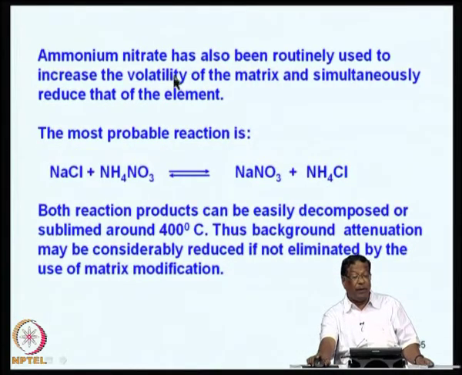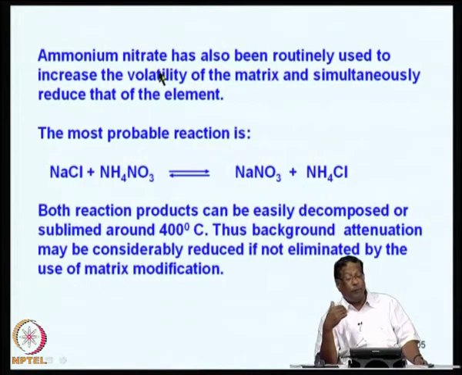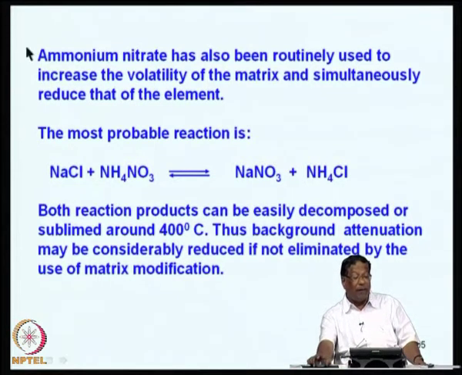Now, when we talk of ashing, it is also important to think about other substances. Why nitric acid alone? Nitric acid is more corrosive. People have routinely tried ammonium nitrate to increase the volatility of the matrix and simultaneously reduce that of the element.